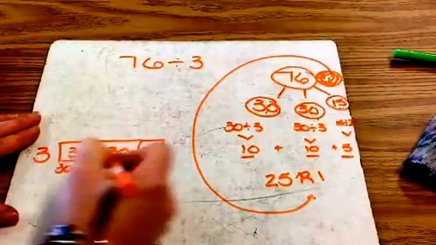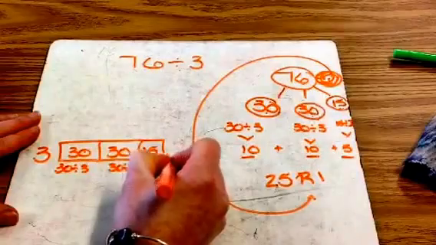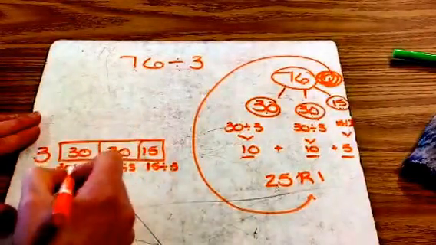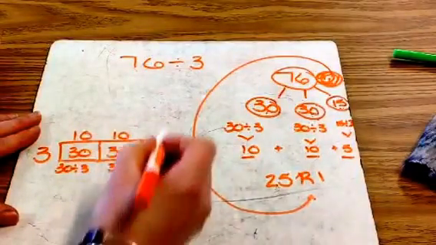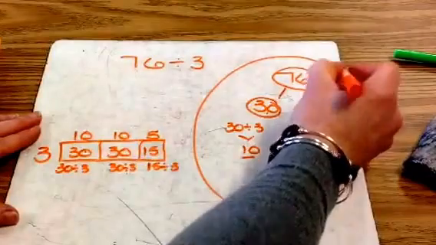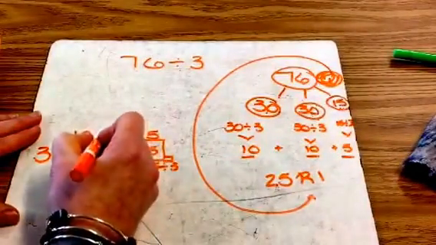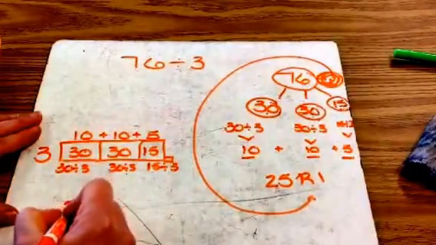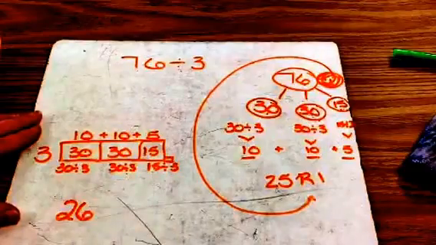30 divided by 3, 30 divided by 3, and then 15 divided by 3. Distributive property. 30 divided by 3 is 10. 30 divided by 3 is 10. 15 divided by 3 is 5. But then we have our 1 remainder. That guy goes right there. 10 plus 10 is 20, plus 5 is 25, plus 1 more is 26.